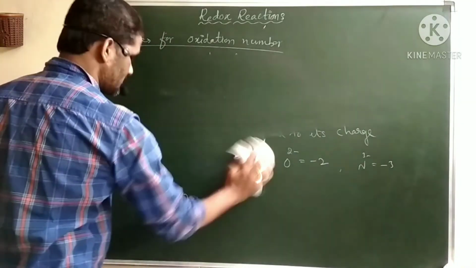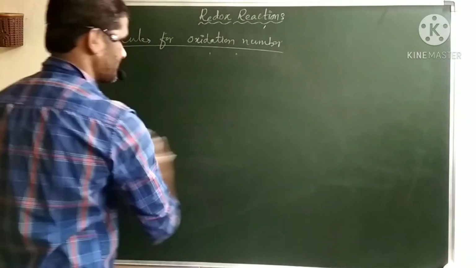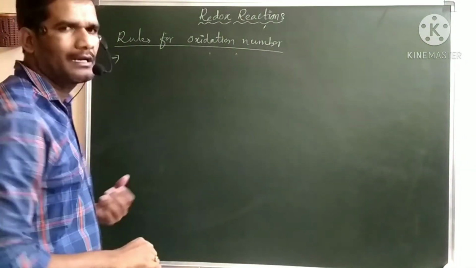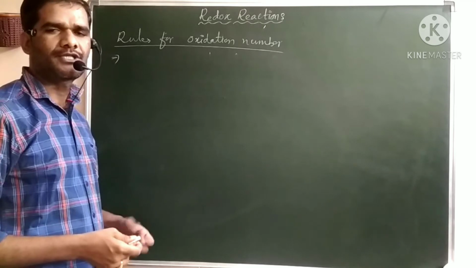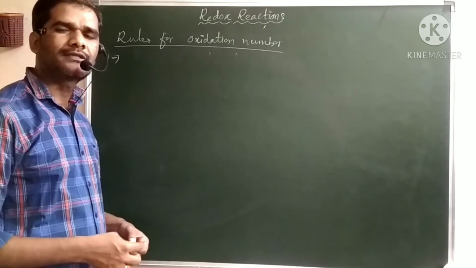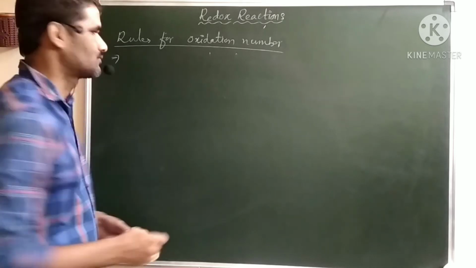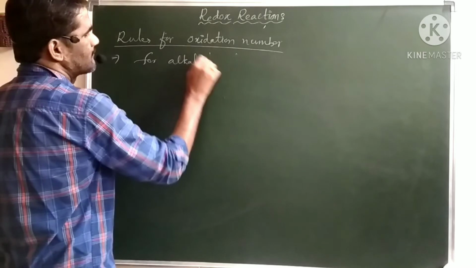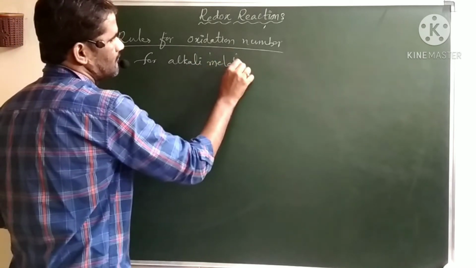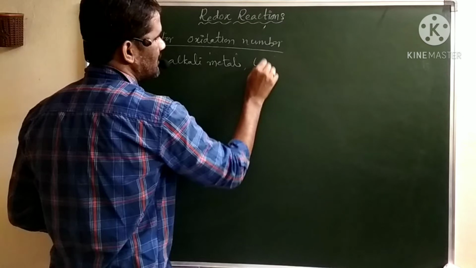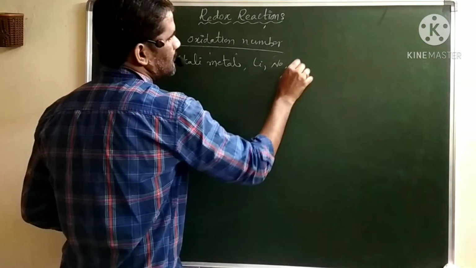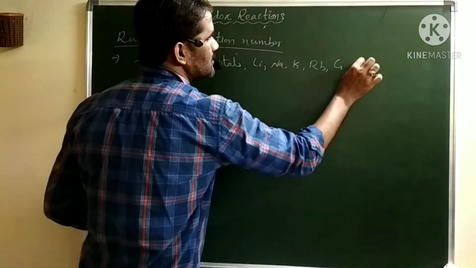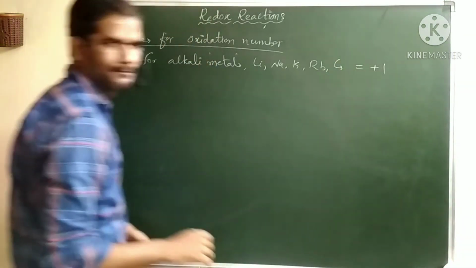Next, other rules. All alkali metals always exhibit the oxidation number +1, and all alkaline earth metals exhibit the oxidation state +2. The alkali metals are lithium, sodium, potassium, rubidium, and cesium, and all of these show the oxidation number +1.